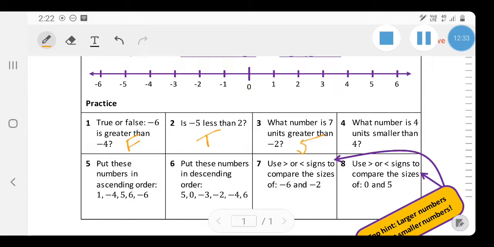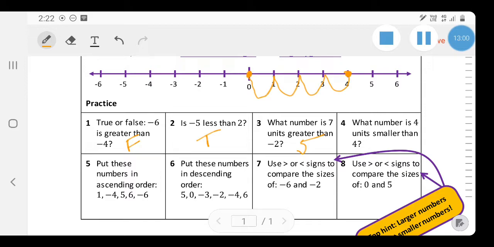We're almost there. What number is 4 units smaller than 4? Okay, well, I'm going to do a dot on the 4. 4 units smaller than 4. Well, smaller means to go into the negative direction, to the left. So starting at 4, 1, 2, 3, 4 units, and we get to 0.